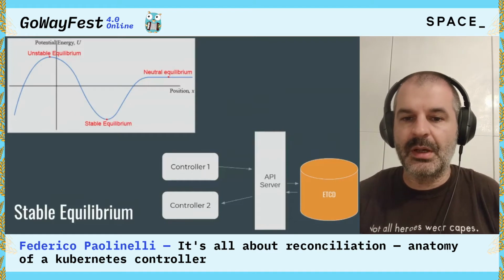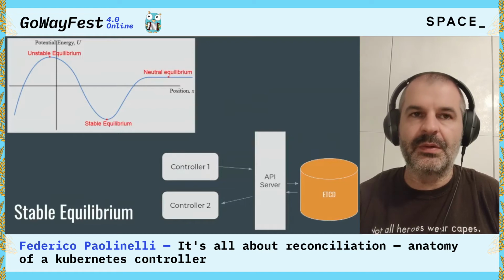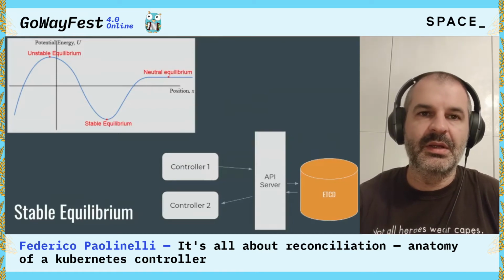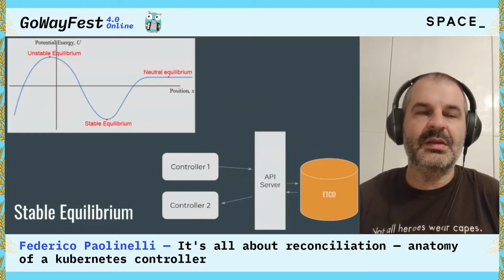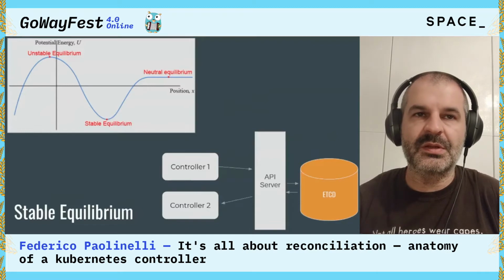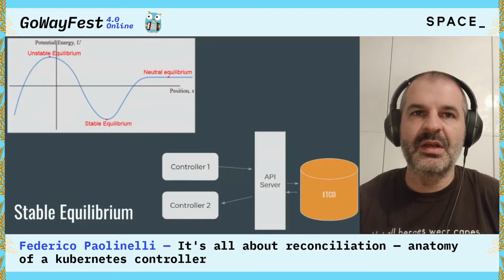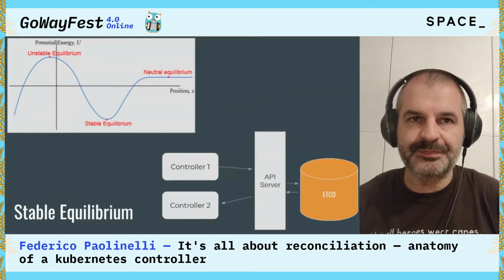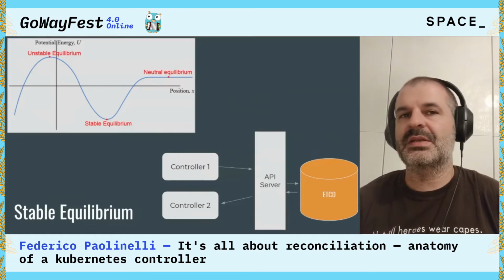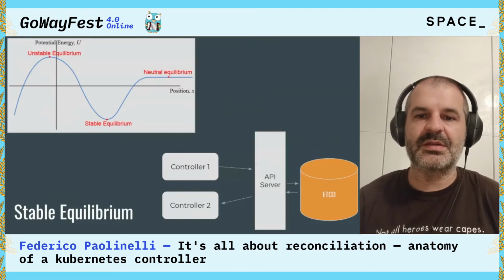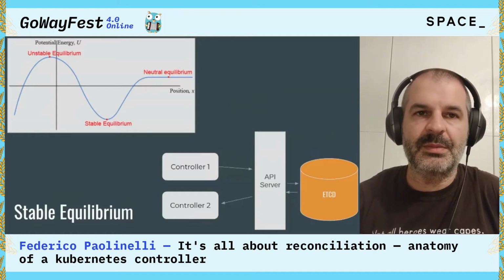Then something happens, an external event or an internal one, and a lot of events are from inside the cluster, and some controller reacts in some way and generates a new event until the equilibrium is reached again. So, for example, you can have one controller that writes something in the storage of the cluster. That something is received by another controller that does something else and something else and something else. So it's a dynamic system. That is the right way to describe it.